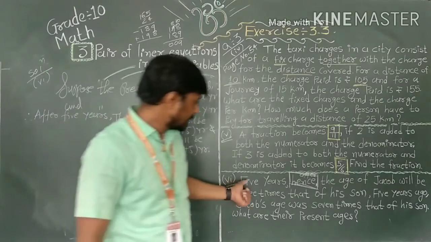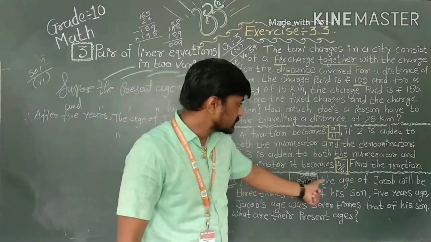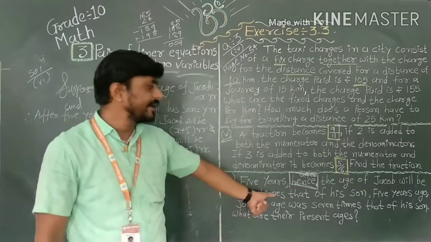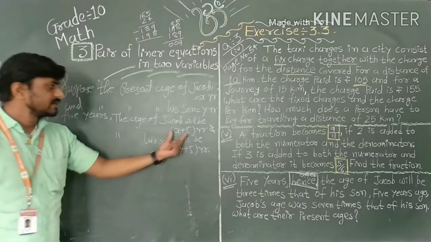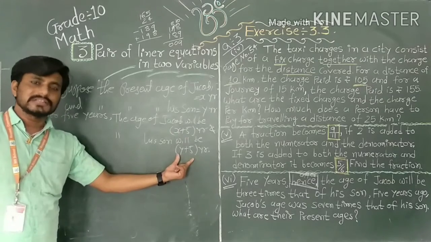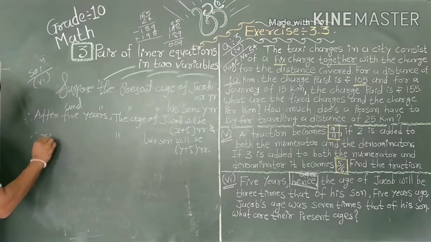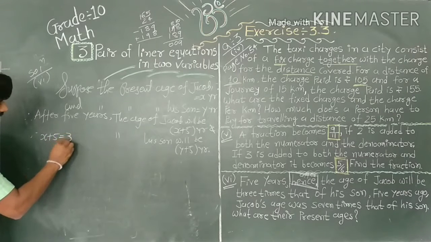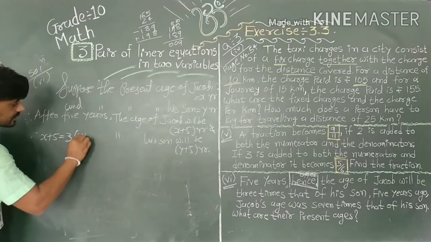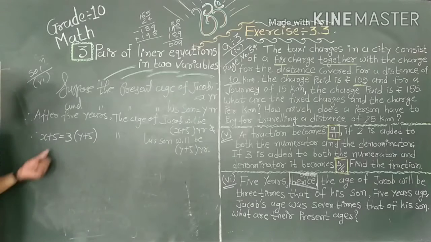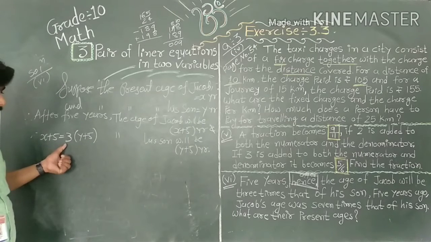And what is the condition? 5 years hence the age of Jacob will be 3 times that of his son. Therefore, I write x plus 5 is equal to 3 times the age of his son. This is our first equation.